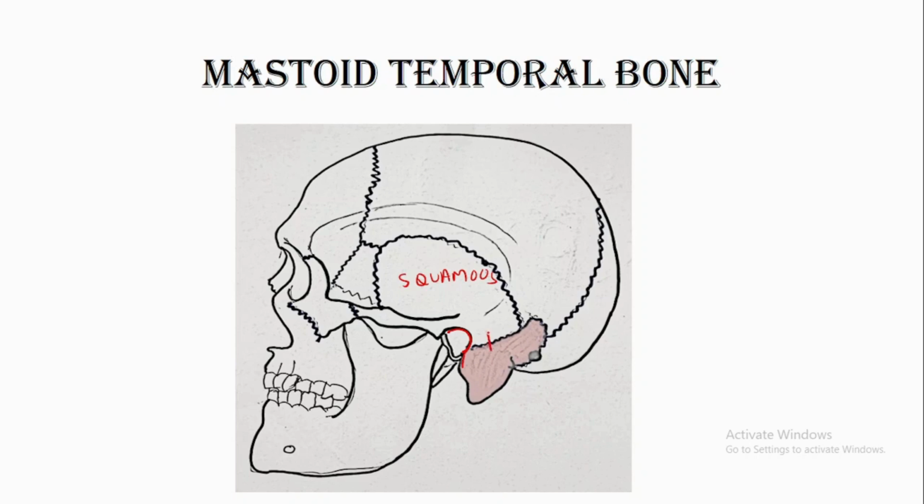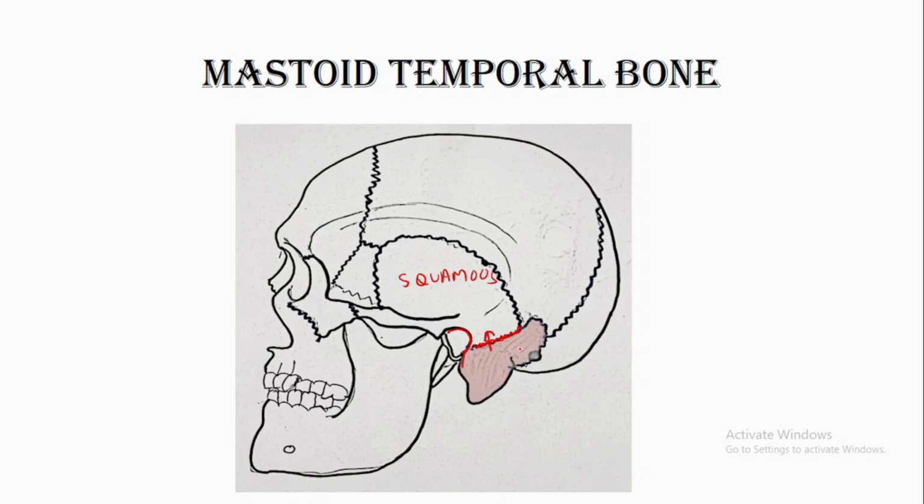Anterosuperiorly in this region, it is continuous with the squamous temporal bone. And the suture between the squamous temporal bone and the mastoid temporal bone is the squamomastoid suture. This is the squamomastoid suture, and it is partially obliterated in the adult skull, but it may be visible.